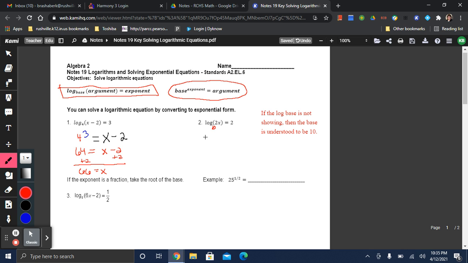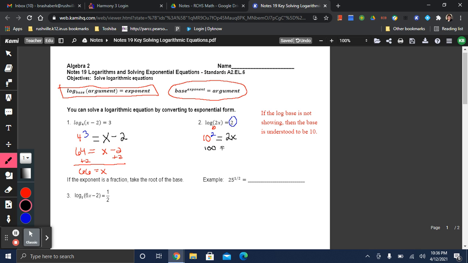And so as we write our exponential equation, we'll have 10, and then your exponent, which is this part right here, squared, will equal the argument, which is the 2x. So 10 squared would be 10 times 10, or 100.